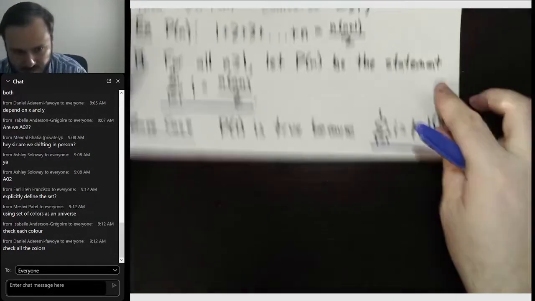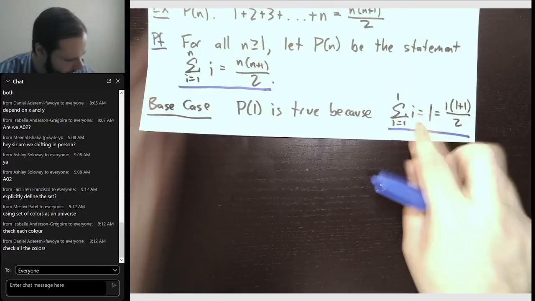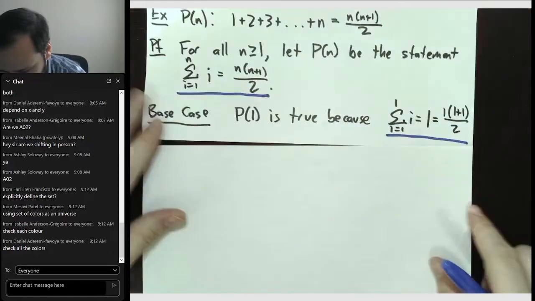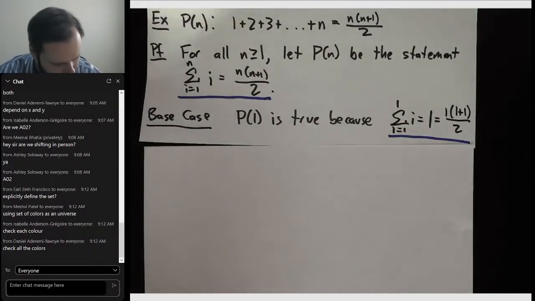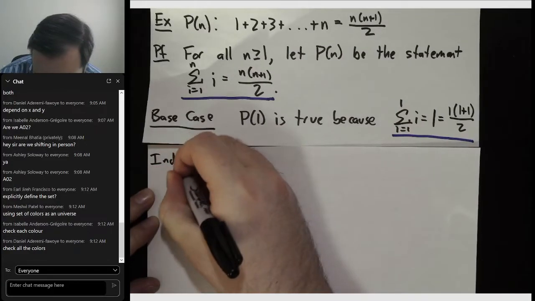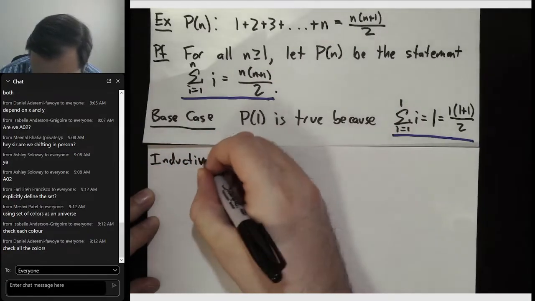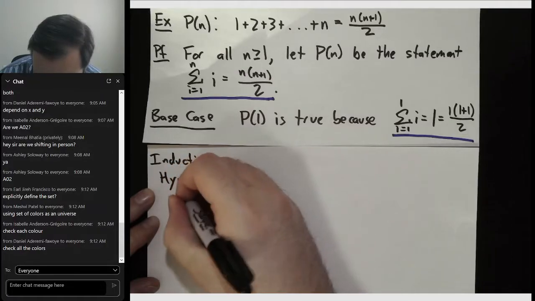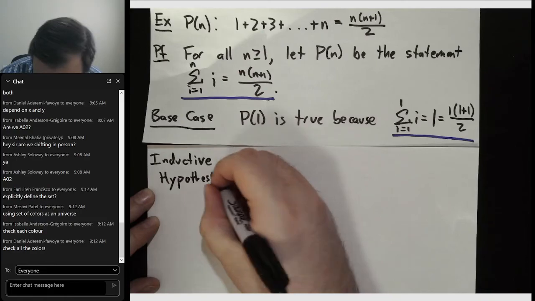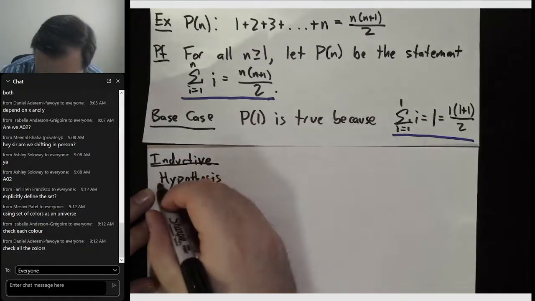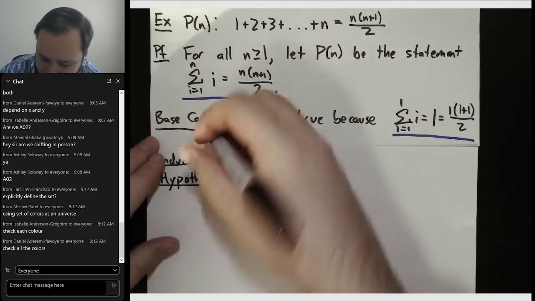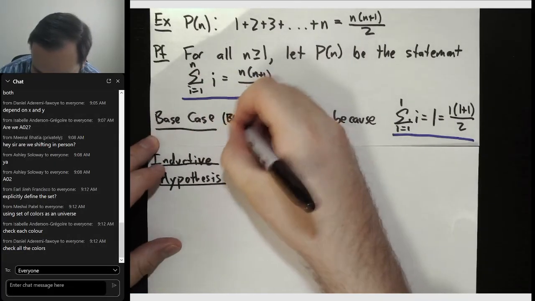Next. Inductive step. My induction hypothesis, or inductive hypothesis, which I'm perfectly fine with you abbreviating to IH. I'm perfectly fine if base case is BC.